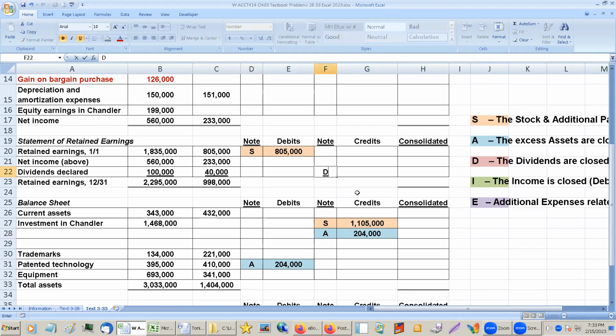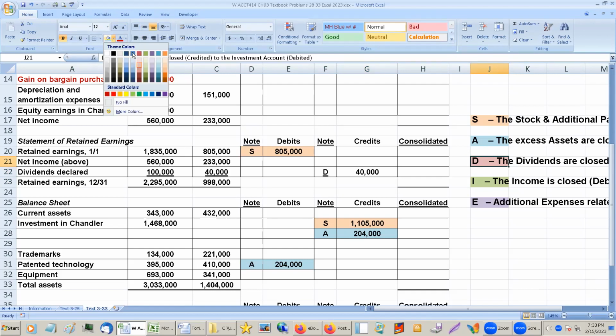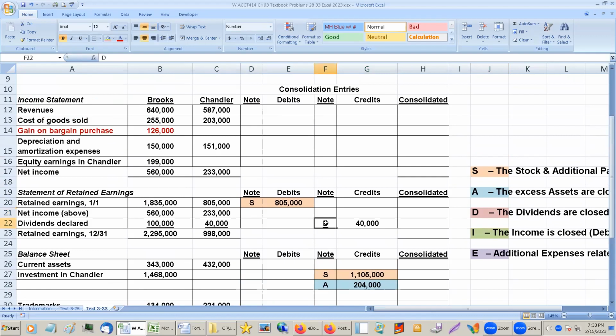Dividends. My D is underlined there for some reason.